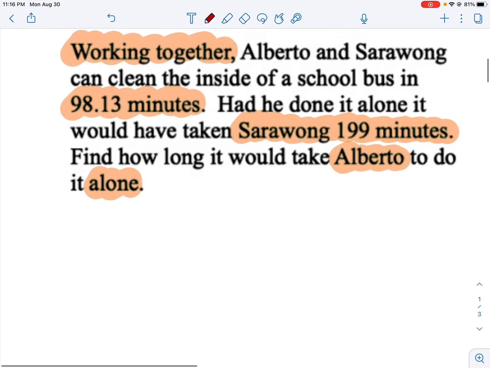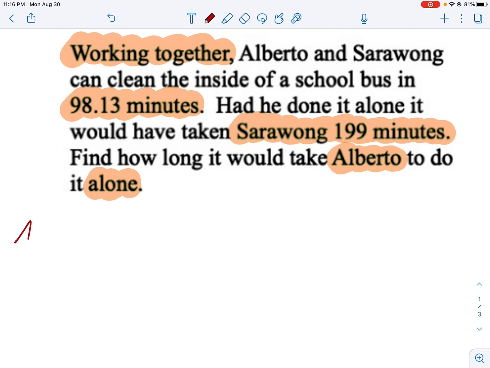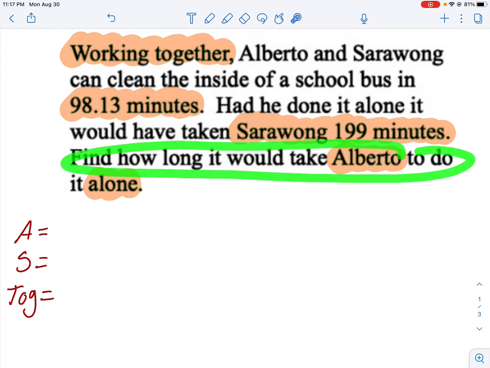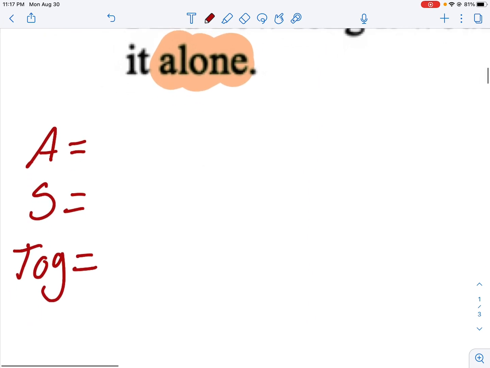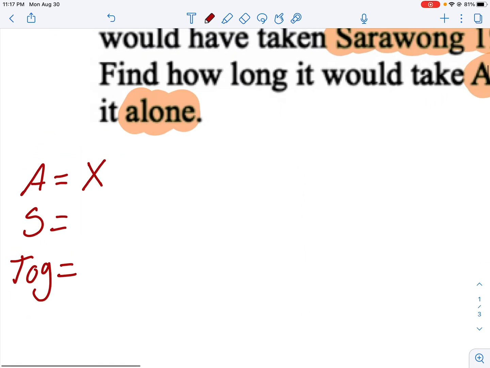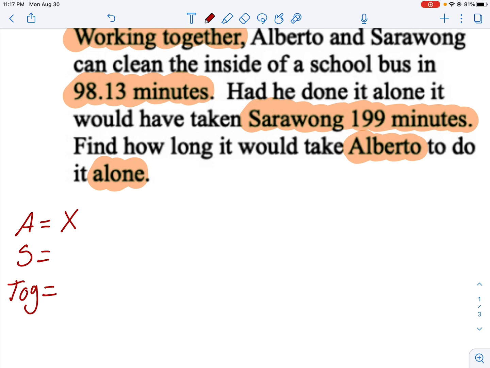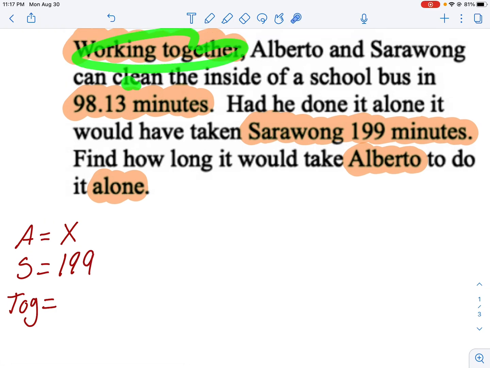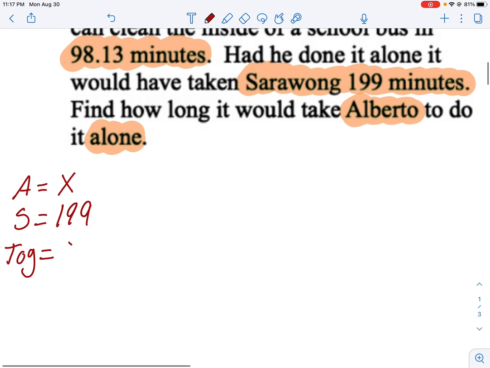As always, we set up our two main people involved, Alberto and Sarah Wong, and then how long it takes them to do the work together. How long would it have taken Alberto alone? We have no idea, so that's x. Sarah Wong says 199 minutes, so I'm going to put 199 here. Together, it was 98.13 minutes.